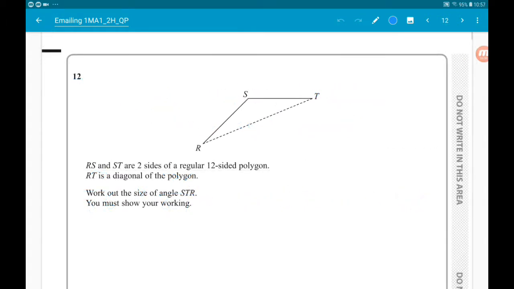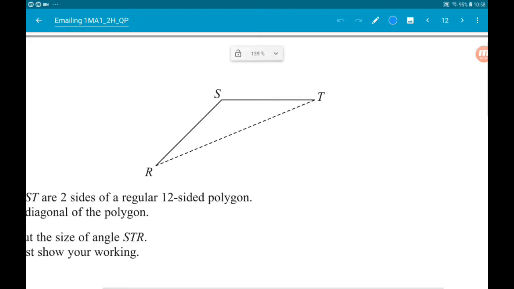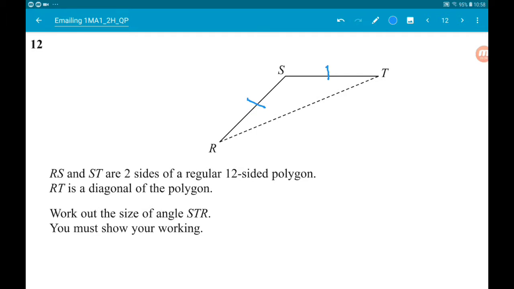Okay, number 12, we have this triangle RST, in which we are told RS and ST are two sides of a regular 12-sided polygon. So, if the polygon is regular, that means the sides are the same length. So, let's get that on there. Okay, RT is a diagonal of the polygon, so that means it joins one corner to another corner.